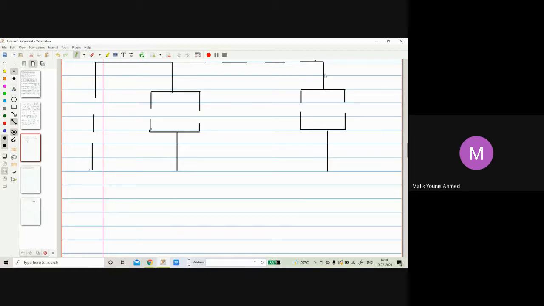Then we have two generators. So there will be reactance of the generator, and then there will be voltage source of the generator.